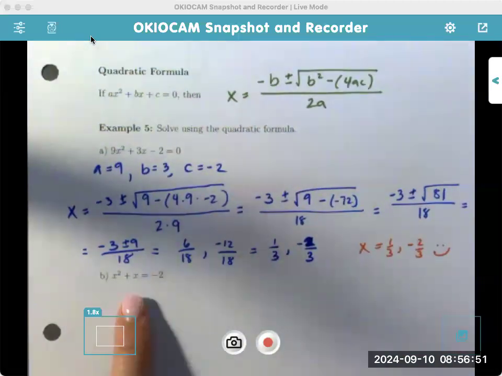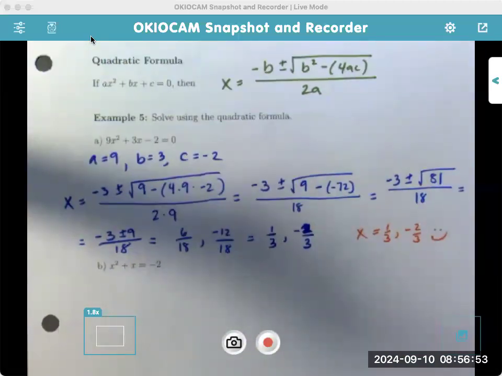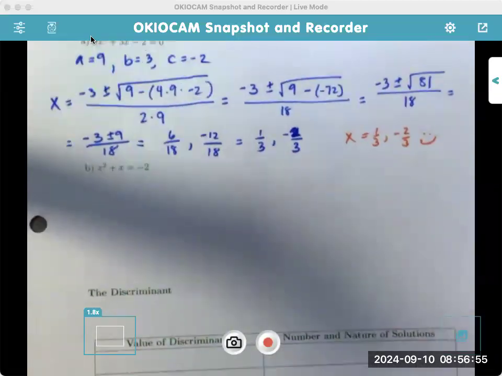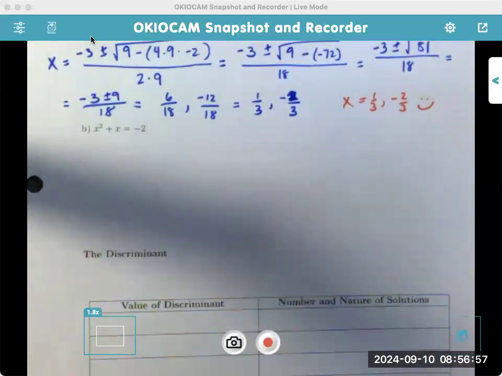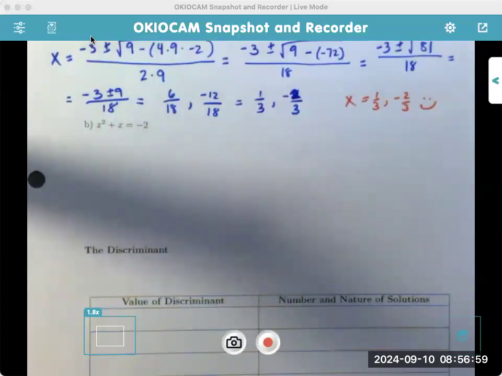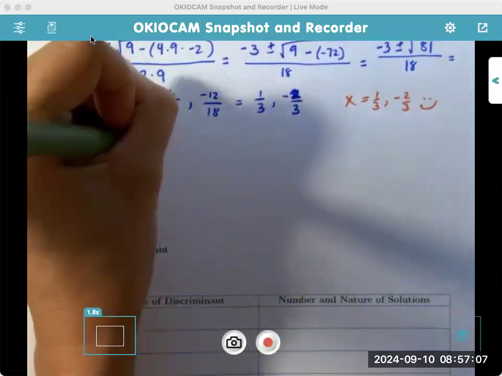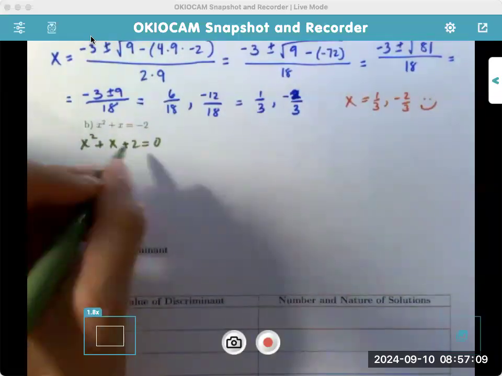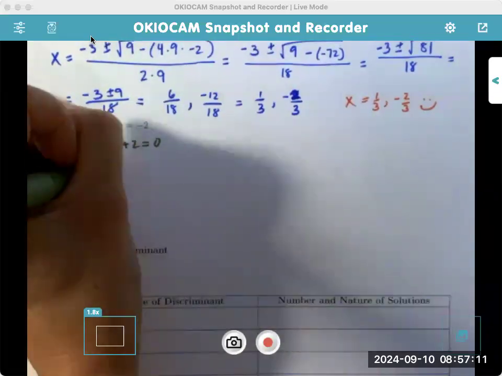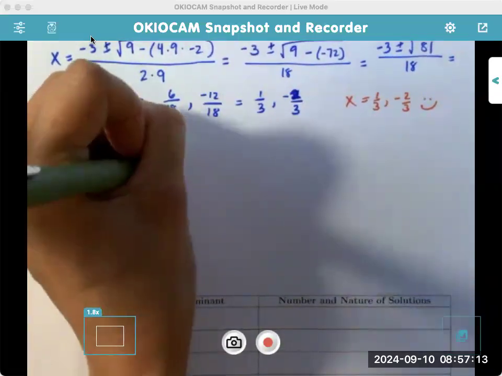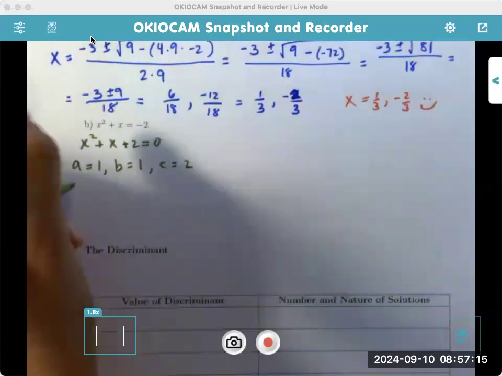Okay, pause the video and try B. Come back, press play when you're ready. Let's see. So set it equal to 0. We have x squared plus x plus 2, so A is equal to 1, B is equal to 1, and C is equal to 2.